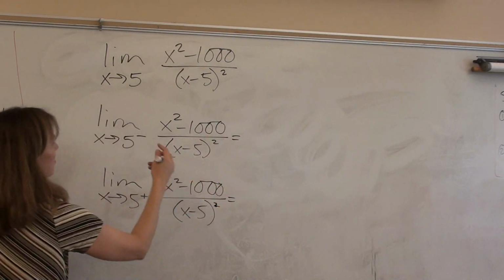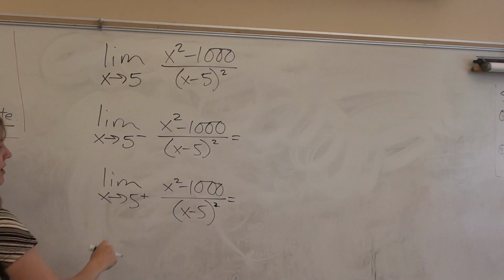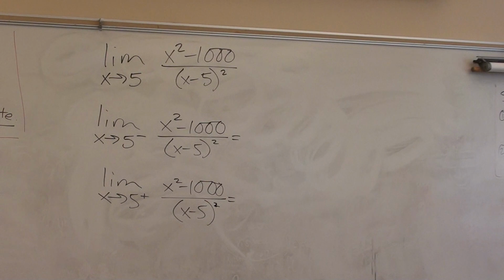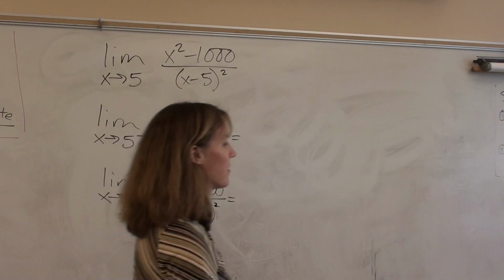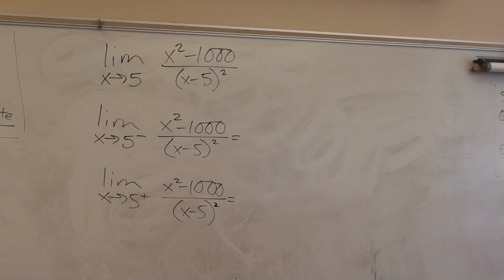Pick a number close to 5 from the left and a number close to 5 from the right and see what you get for both. And then see if you match your neighbor. It'd still be like 5.1. Yeah, 5.1 or 4.9, depending on which side you're on. From the left, you mean?